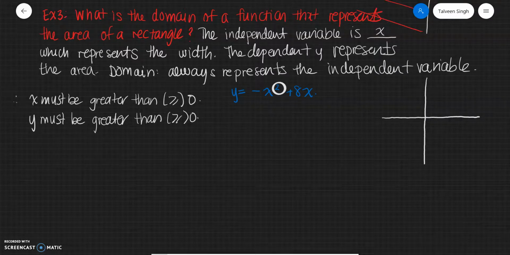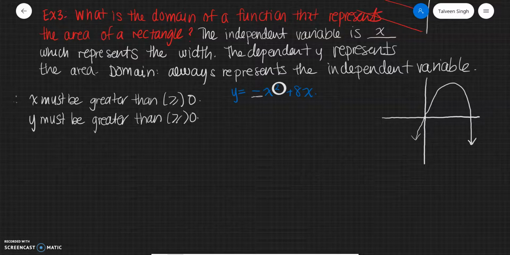So we know that x must be greater than 0. We know that it's going to be facing downwards because we have a negative there. So it's going to look something like this, our function, right? What we want to know is where can my x's not exist, or where can my function not exist?